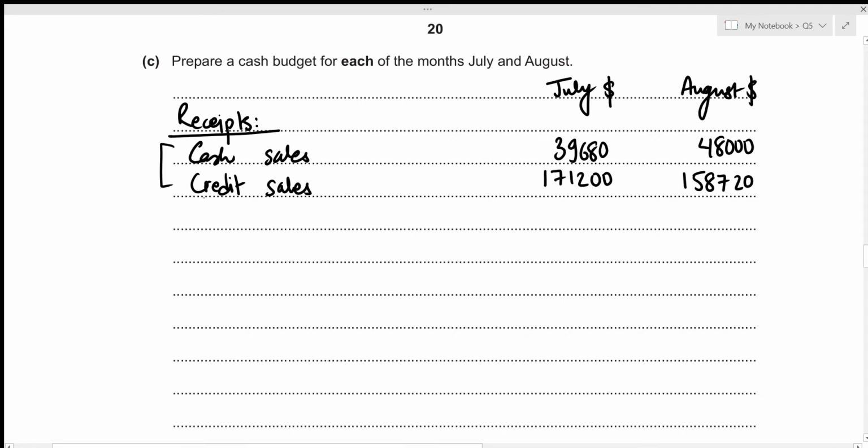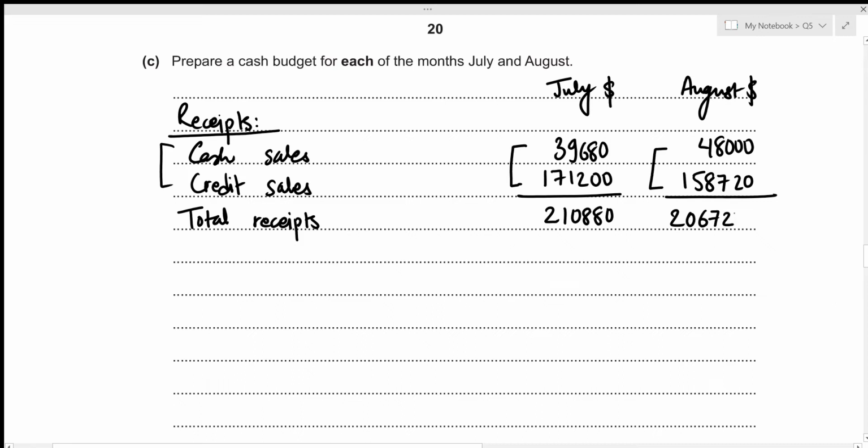So we can figure out the total receipts for the month of July and August. For July, that's the sum of these two amounts, which is 39,680 plus 171,200, which results in 210,880. And for the month of August, it's the sum of these two amounts, so that's 48,000 plus 158,720, which results in the total of 206,720.